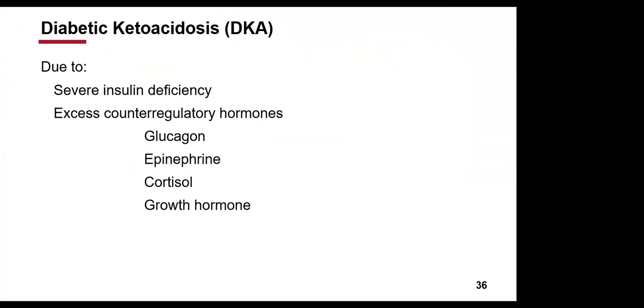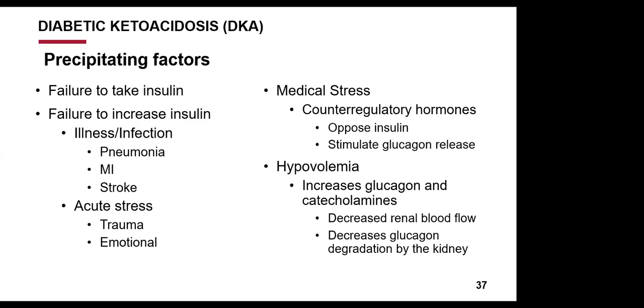But DKA is usually a result of severe insulin deficiency and an excess of the counter-regulatory hormones like glucagon, epinephrine, cortisol, or growth hormone. The precipitating factor is usually failure to take insulin or failure to increase your insulin when it is indicated.